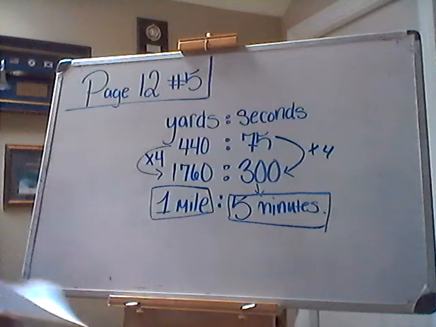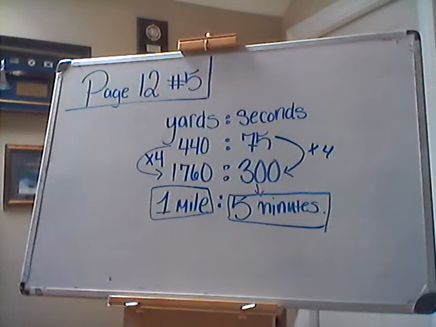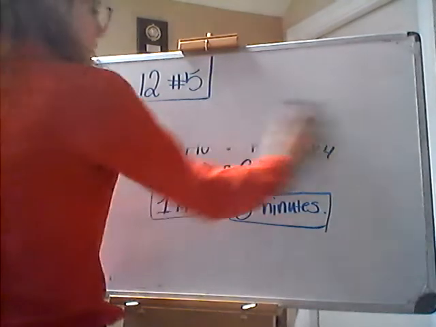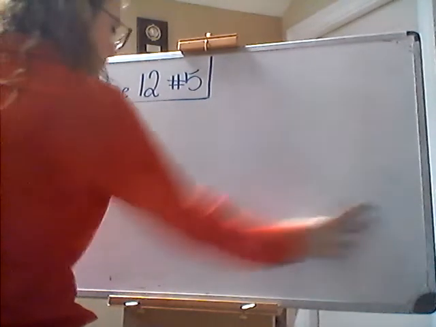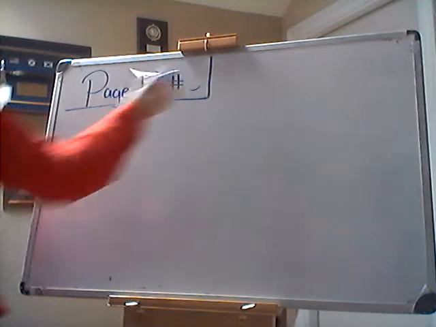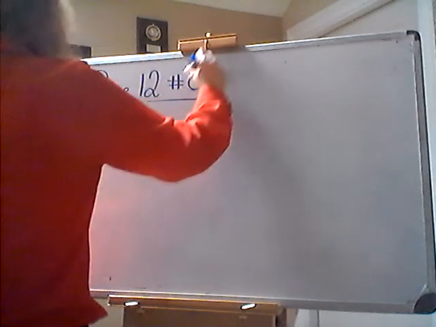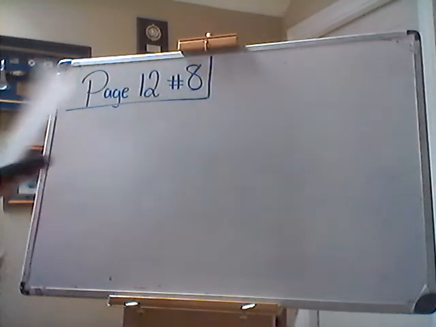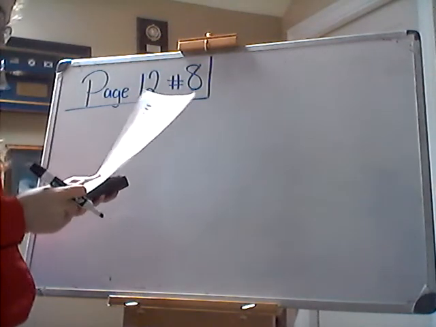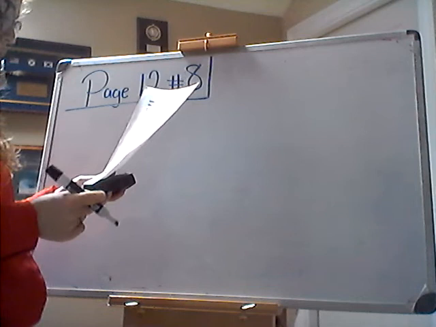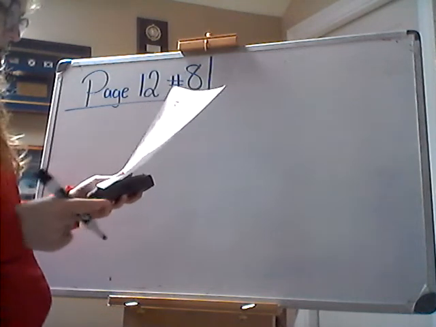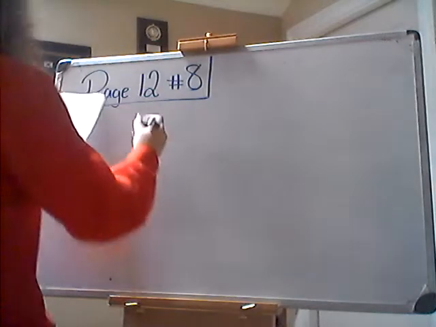Okay. Still on page 12, the next problem is number 8. It says, for every 140 feet that Kelly rides her bicycle, the wheels turn 20 times. About how many times do the wheels turn in 5 miles?